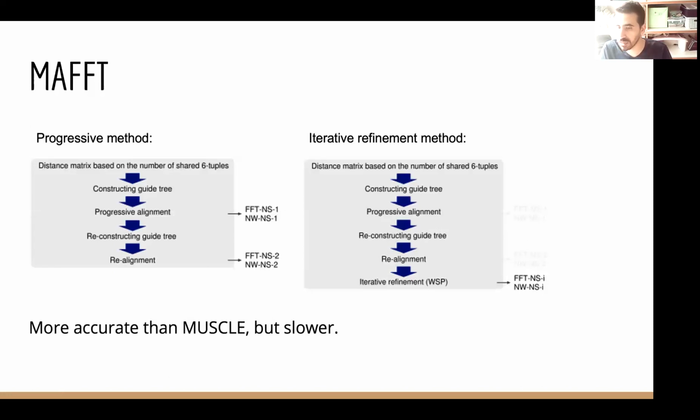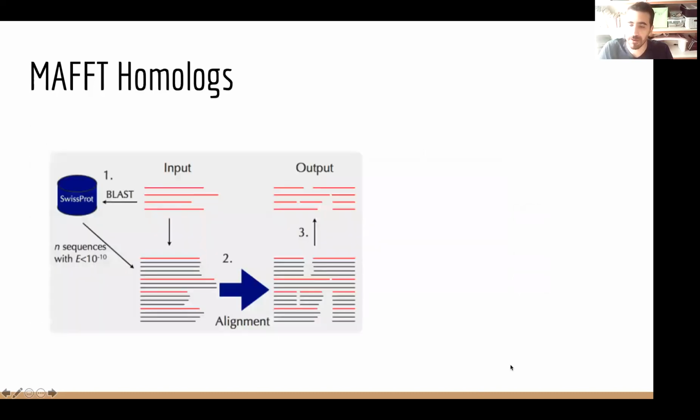Again, it uses similar strategies like progressive alignment, reconstructing the guide tree, refinement methods, and so on and so forth, which you can look at to understand the details if you like. And there's also MAFFT homologs. This is very similar to a template-based strategy. Basically, you just find some sort of homologs. You are not interested in those homologs.